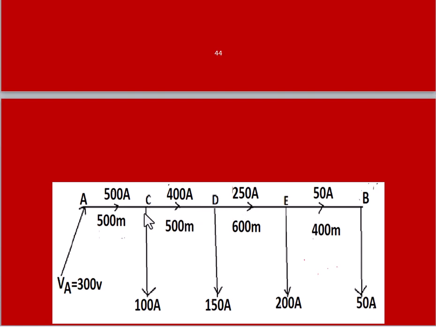Similarly, apply the KCL at point C and find out the current flowing from point A to C. That is, outgoing current is 400 amperes and here also 100 amperes. 400 plus 100 will give you 500 amperes, and that will flow from point A to C, while currents of 400 amperes and 100 amperes flow out of point C.